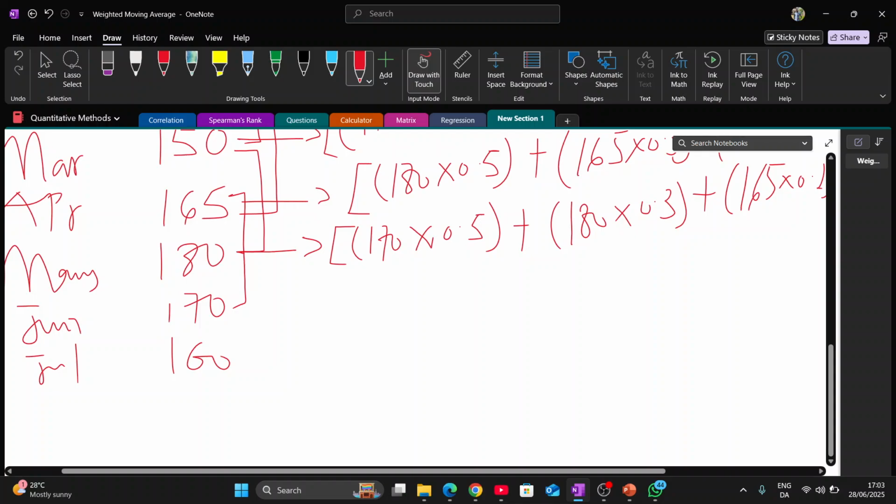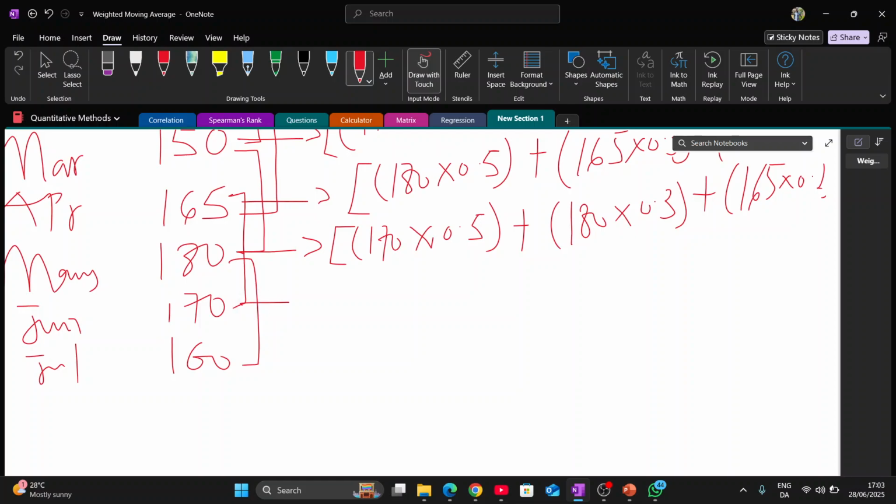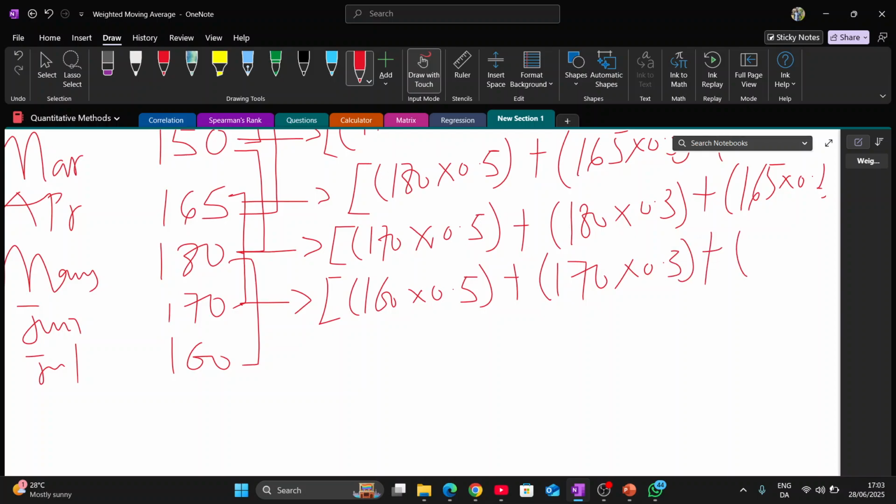So from 180 to 160. The most recent data is 160 times 0.5, 170 times 0.3, 180 times 0.2.